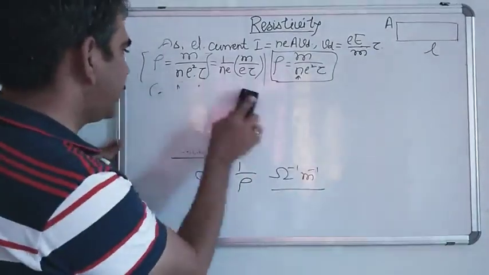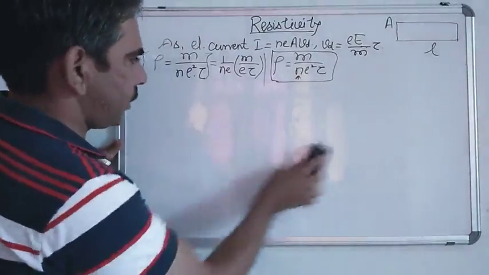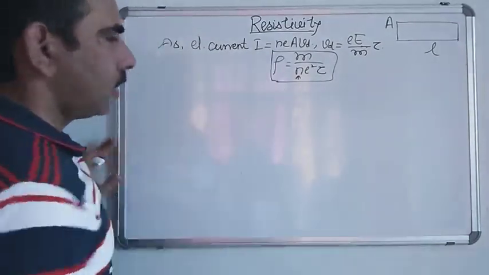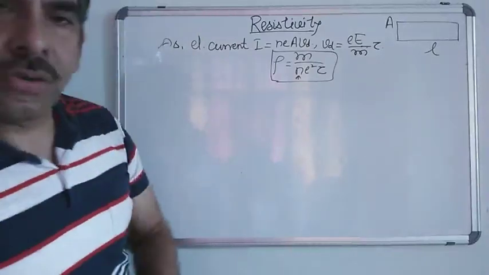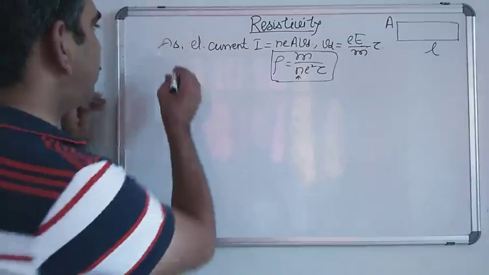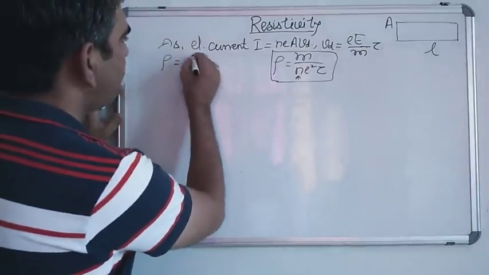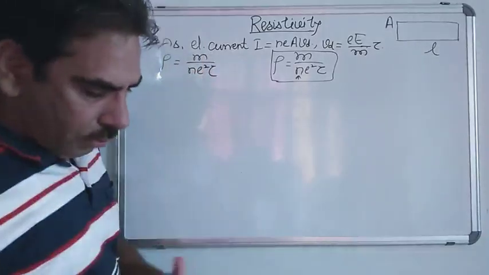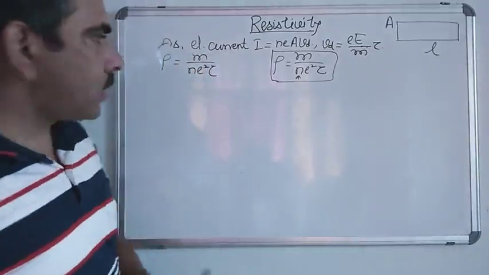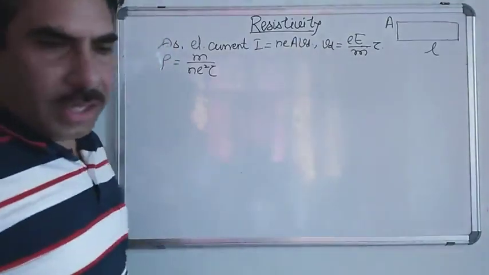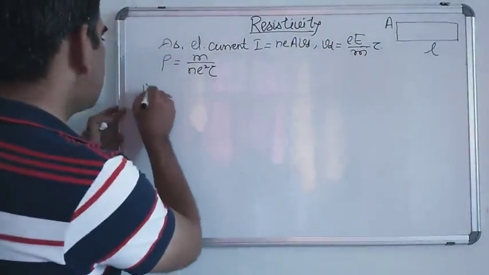Here we see that it is the temperature which affects the average relaxation time, as we discussed in our earlier class on factors which affect the resistance of any conductor. So resistivity is given by m upon n e square tau. From here we can understand the effect of temperature on the resistivity.